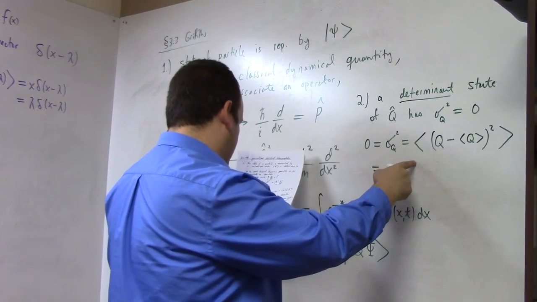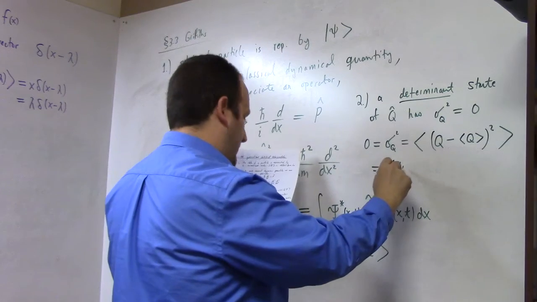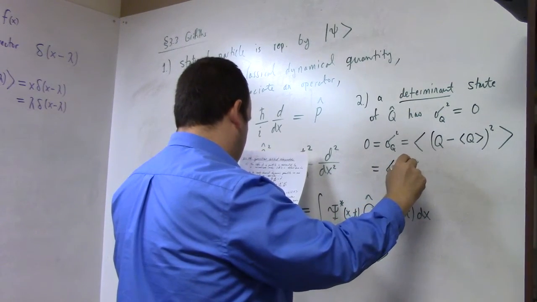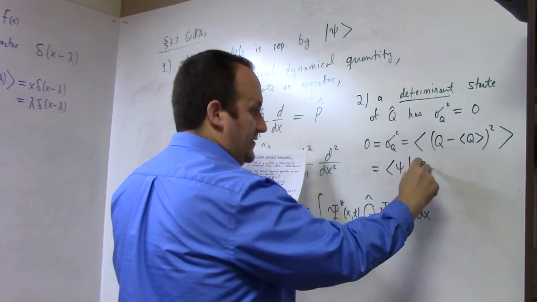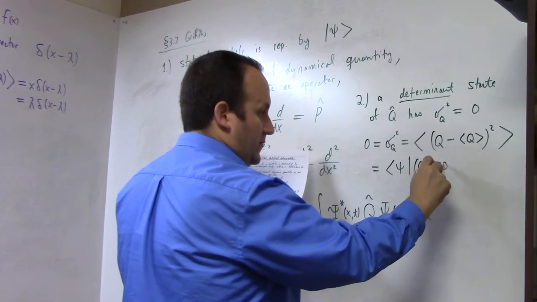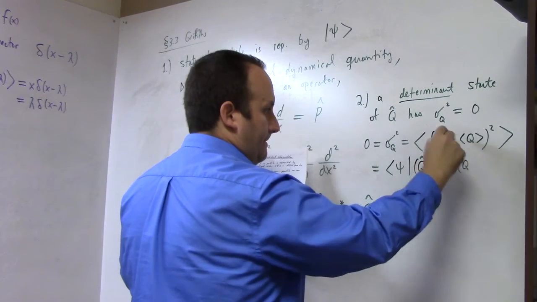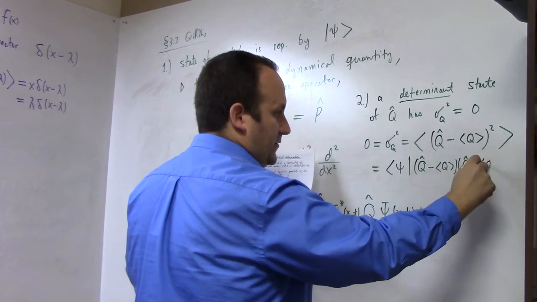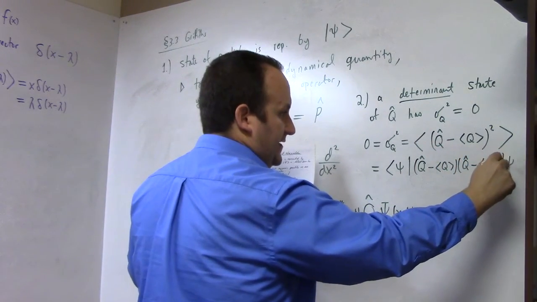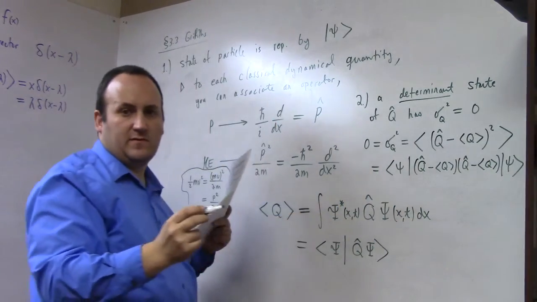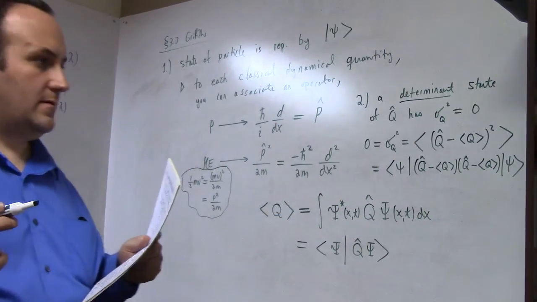This is going to be psi, and then we have Q minus bracket Q, times Q minus bracket Q, on psi. Can you see that? Is it too far over? Okay, cool.